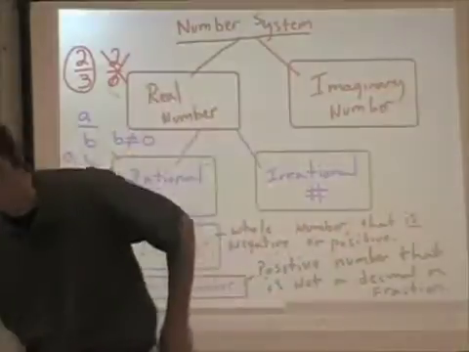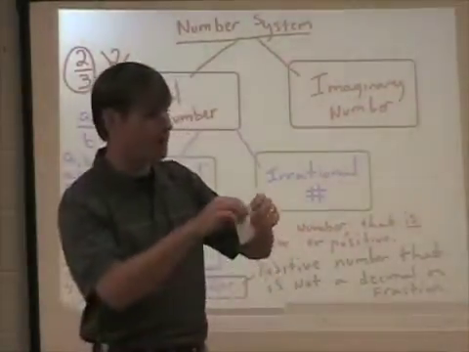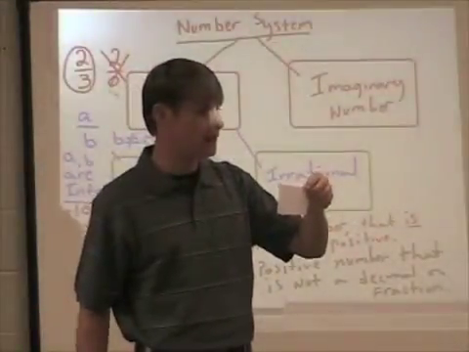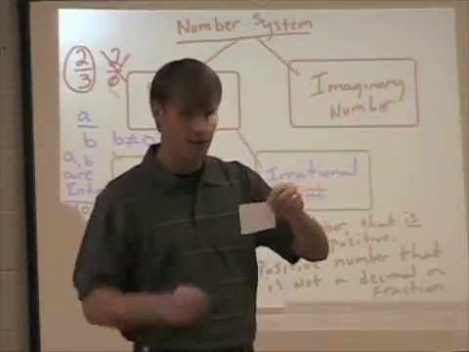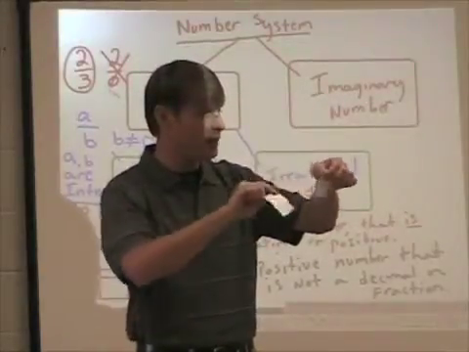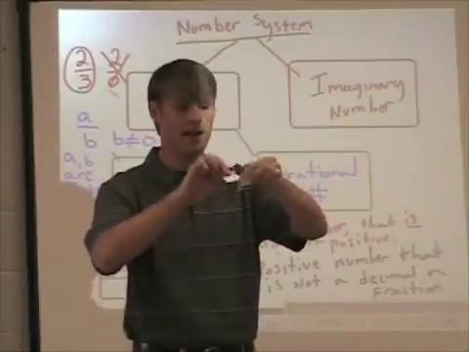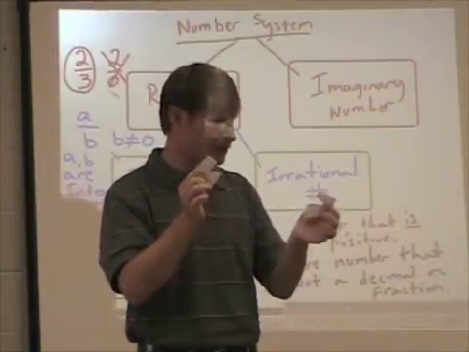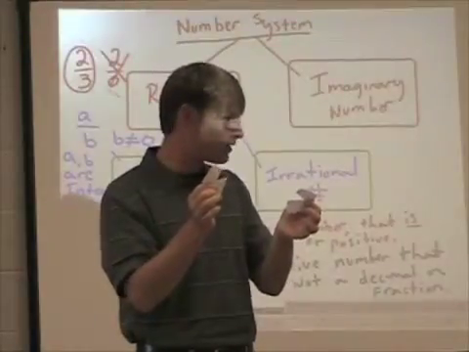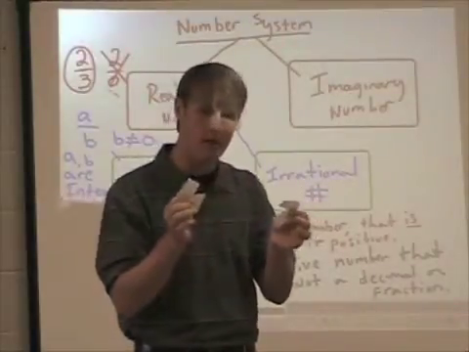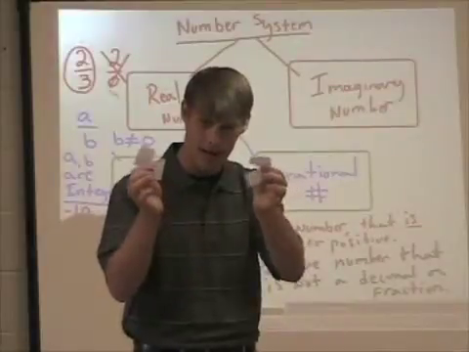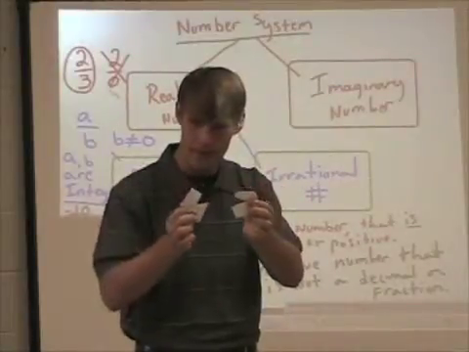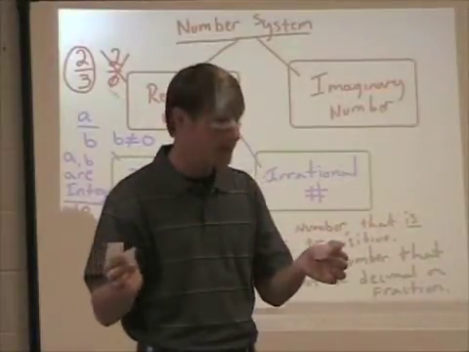But can I take this card and rip it in any way to where it doesn't exist anymore? No. So I can divide it into 2 pieces, 3 pieces, 4 pieces. But can I ever divide it into no pieces? No. That's why you can't divide by 0. You can't take something and make it into nothing.